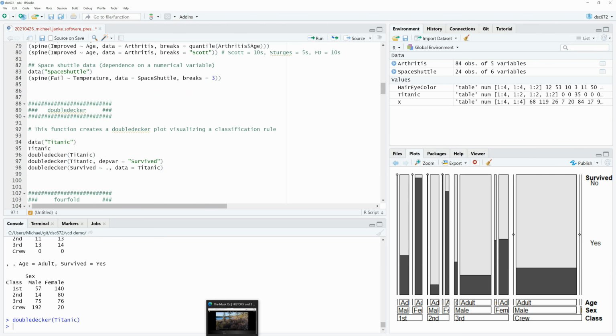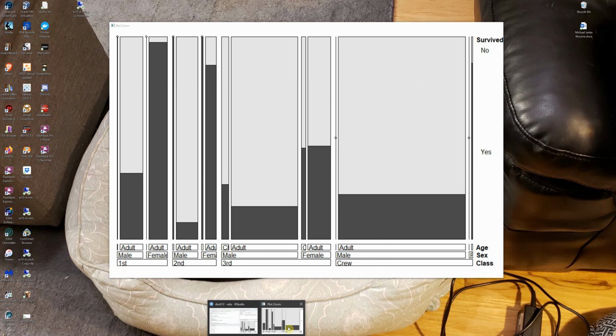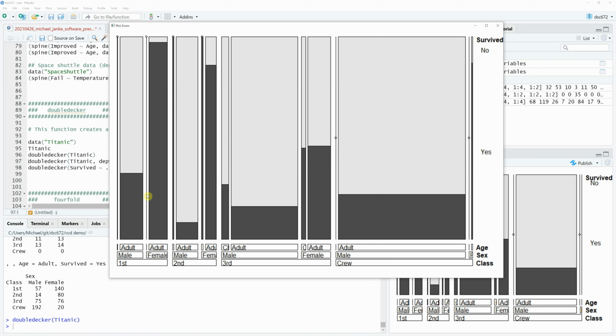Actually, if we zoom in on this a little bit, it might be easier to read. Our main category here on the bottom is which class: first, second, third, or crew. Then we divide that into male versus female, and then age, which is just whether they are a child or an adult. This is where you really need to know your data coming in, because there's not enough room to actually label it here.